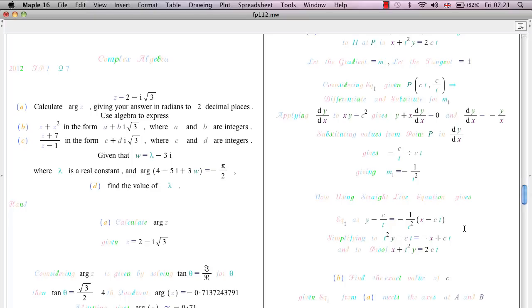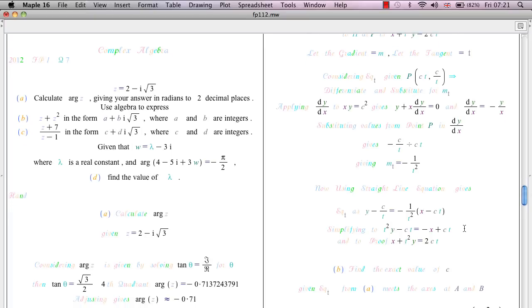Then applying the straight line formula with our point simplifies to the proof required.